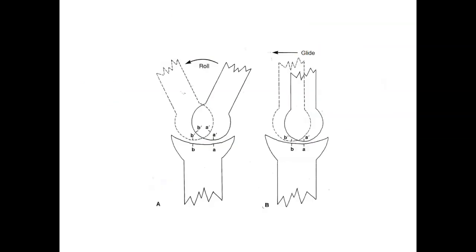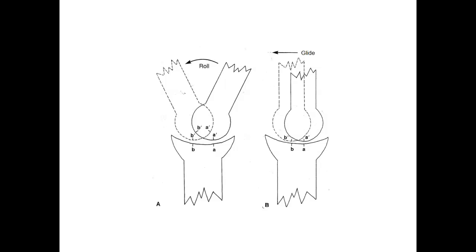All right, so here's another one. This is the knee. So you've got the femur and you've got the tibia. Convex on a concave tibia. So in this case, I'm rolling into flexion, but I'm also gliding. If I just roll, the femur on the tibia is going to roll right off the back in flexion.